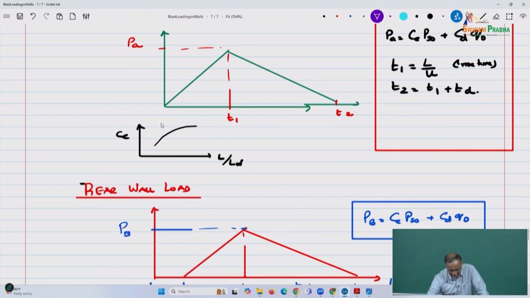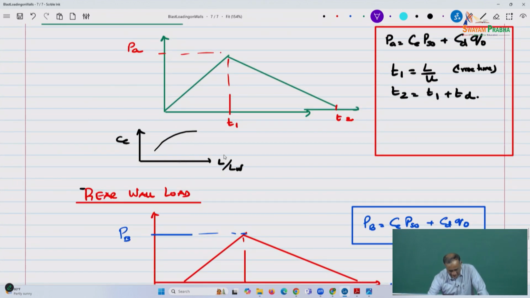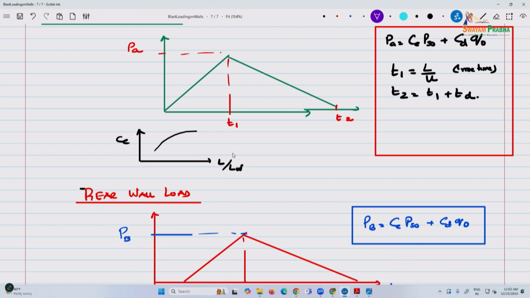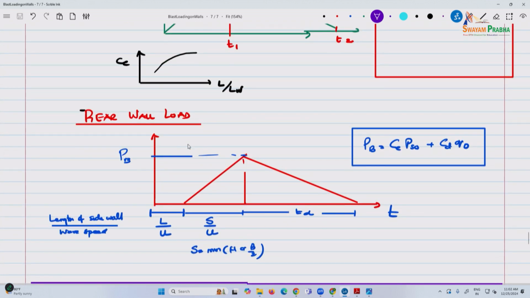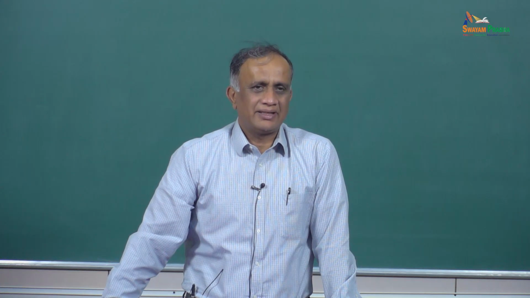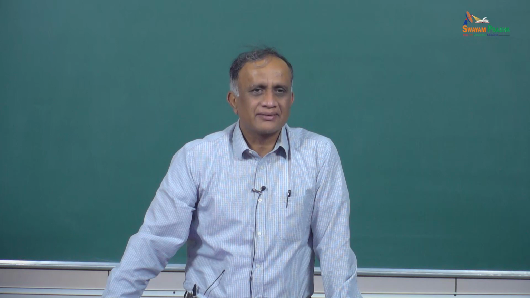So the graph that you see here, your CE values, I think it's LW by L maybe, I might have reversed length, wavelength. So if the value is very low, that factor comes from here. But by definition we say that blast effects are ignored. So you can justify in your design saying that it is beyond that, so you're ignoring it.